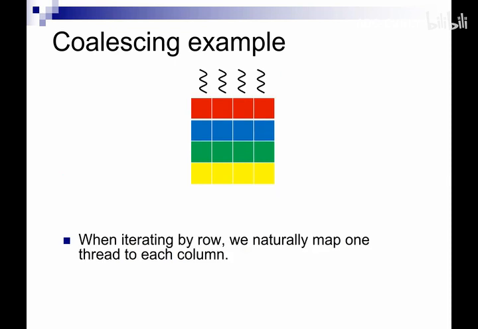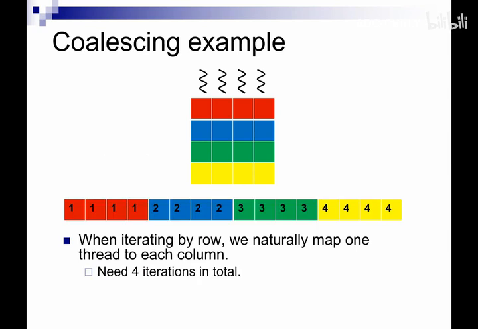Let's first look at it row by row. If we iterate through this row by row, then we first want to access this entire red row. How is the red row stored in global memory? All of this red row is stored consecutively in global memory, because that's how the row major format works. So the first time we run this warp, we're reading these red memory locations, and since they're all consecutive and they all lie in the same segment, this is a coalesced memory access.